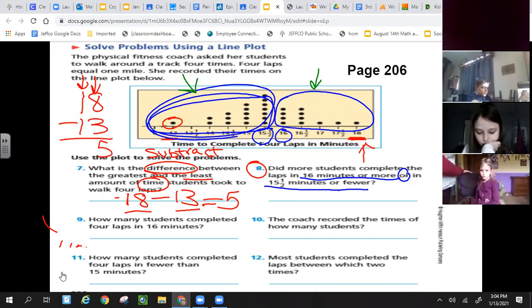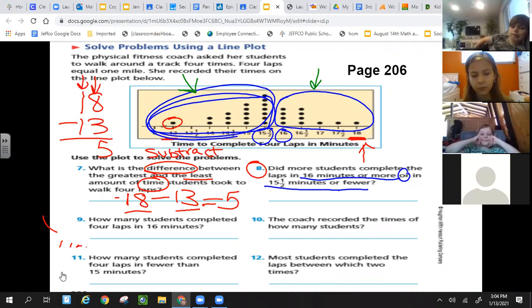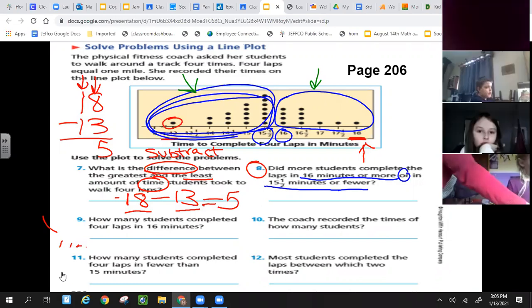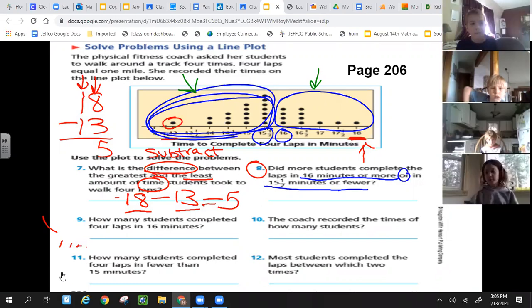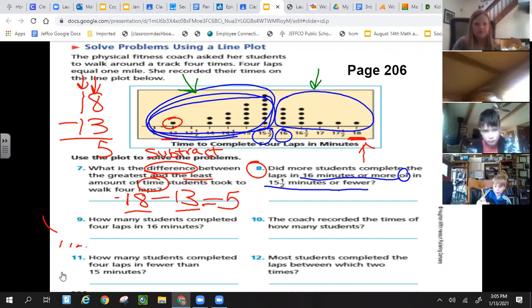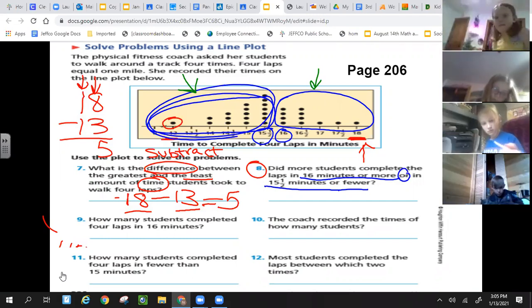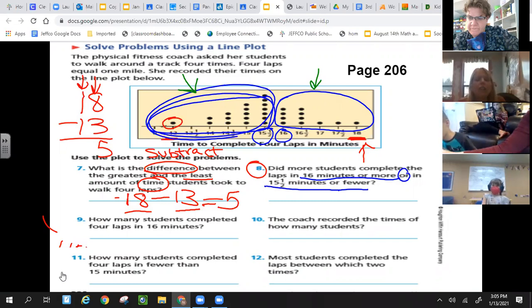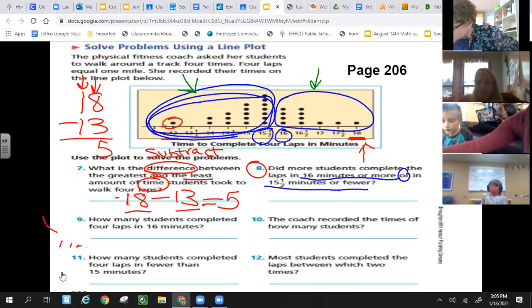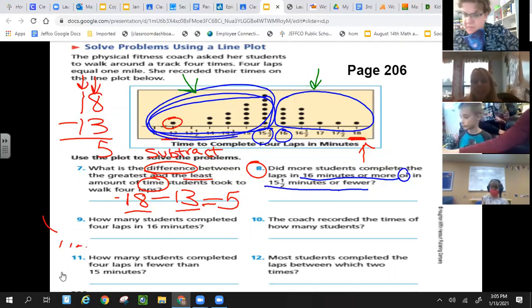If we were analyzing our class and this was the data we found, I might want to know, hey, did more of my students complete the laps in 16 minutes or more, or in 15 and a half minutes or fewer? Look at it. All you got to do is count some dots, right?